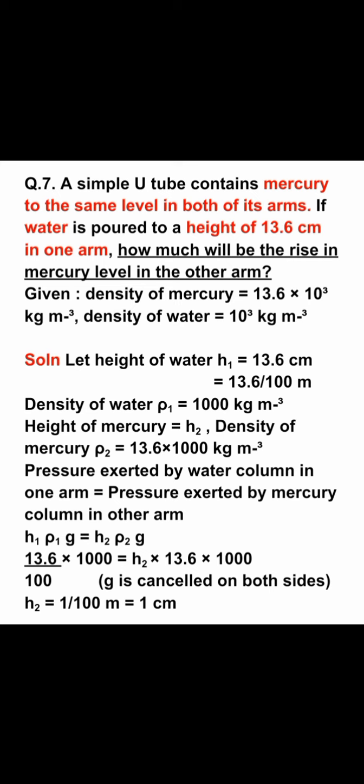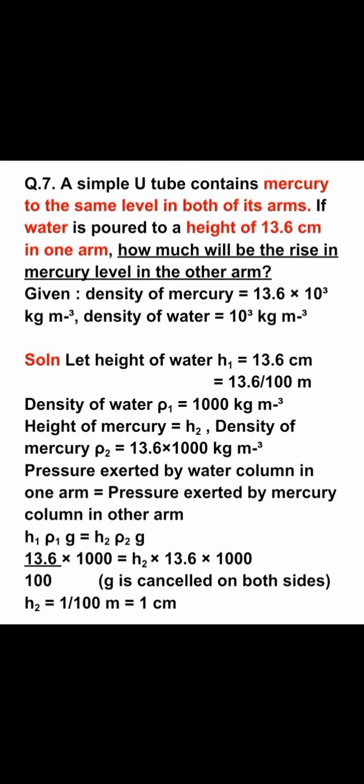So 13.6 centimeter equals 13.6 by 1000 meter. Now density of water, which we have considered as rho 1, equals 1000 kg per meter cube. Let the height of mercury be H2 and density of mercury, let it be rho 2, and it is given 13.6 into 1000 kg per meter cube.